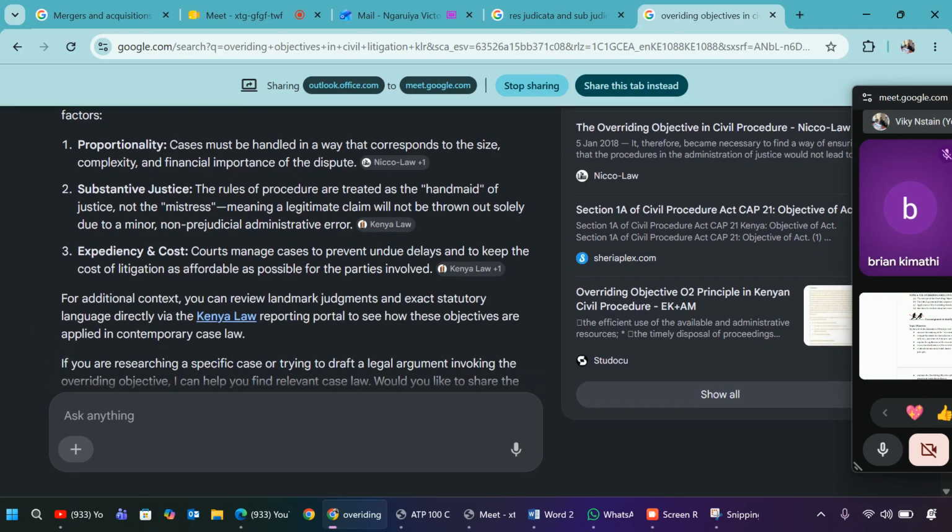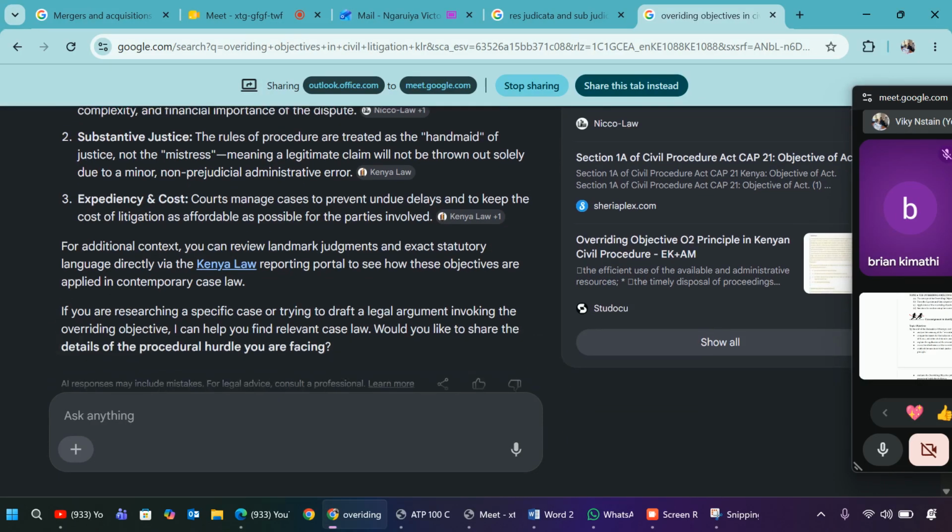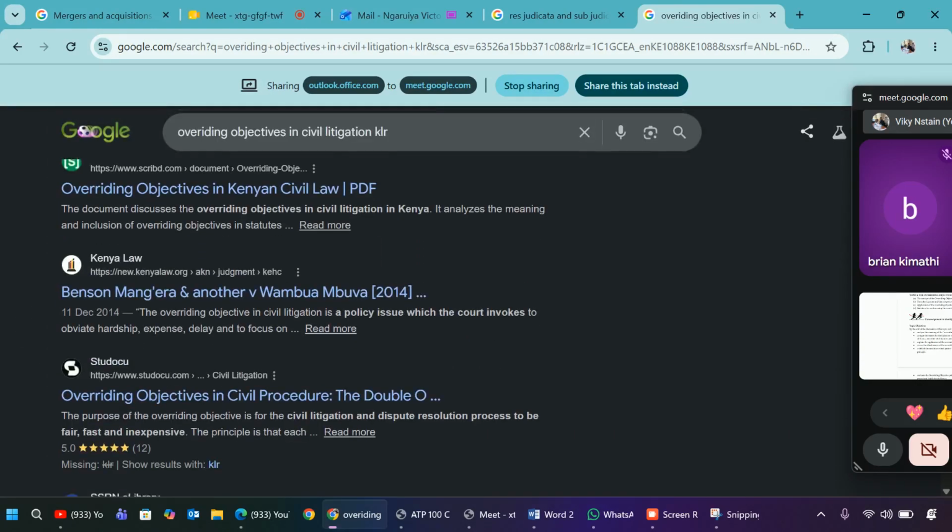Then substantive justice is where the rules of procedure are treated as the handmaid of justice, not the mistress, meaning that a legitimate claim will not be thrown out solely due to a minor or non-prejudicial administrative error. And lastly, we have expediency and cost. Courts manage cases to prevent undue delays and to keep the cost for litigation as affordable as possible.